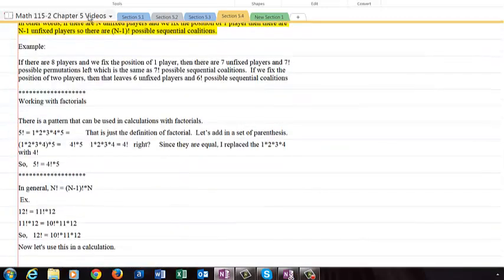Example, if there are 8 players and we fix the position of one player, then there are 7 unfixed players and 7 factorial possible permutations left, which is the same as 7 factorial possible sequential coalitions. If we fix the position of 2 players, that leaves 6 unfixed players and 6 factorial possible sequential coalitions.